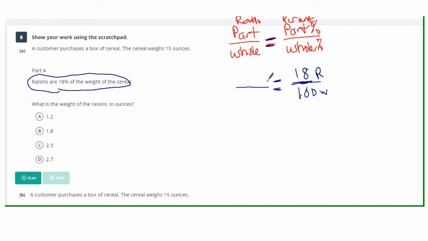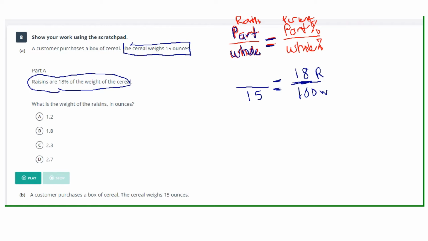So I'm going to put my line here, and it says the cereal weighs 15 ounces. So we have to figure out, do we put that in the part position of our formula, or do we put it in the whole position of our formula? Well, since the cereal weighs, and we're not talking about the raisins, we're talking about the whole box of cereal, that's going to be the whole, which is going to go in the denominator.